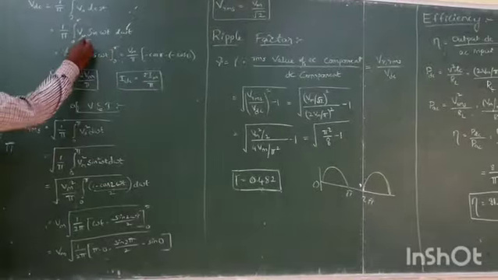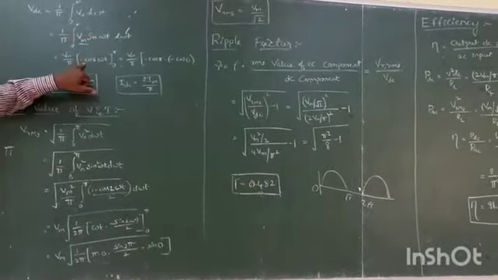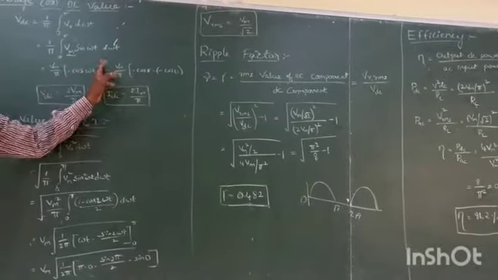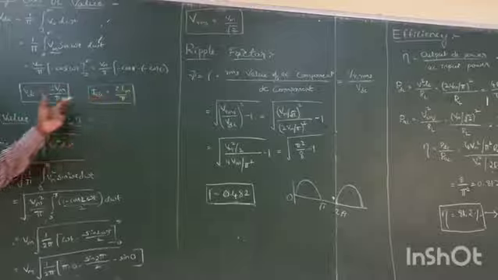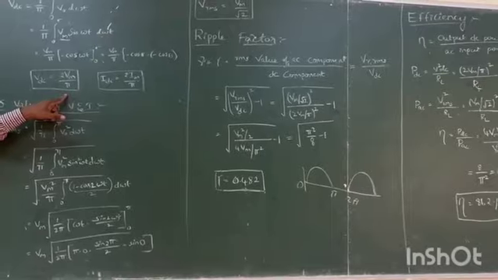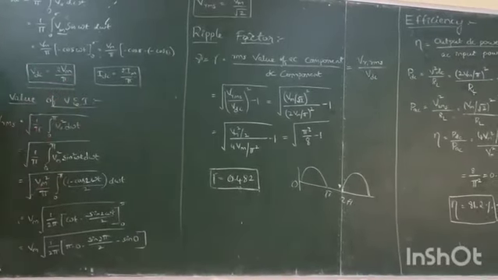Here Vm is a constant, so we take it out. When you apply the limits 0 to pi to cos omega t, you will get VDC as 2 Vm over pi. This is the VDC value.